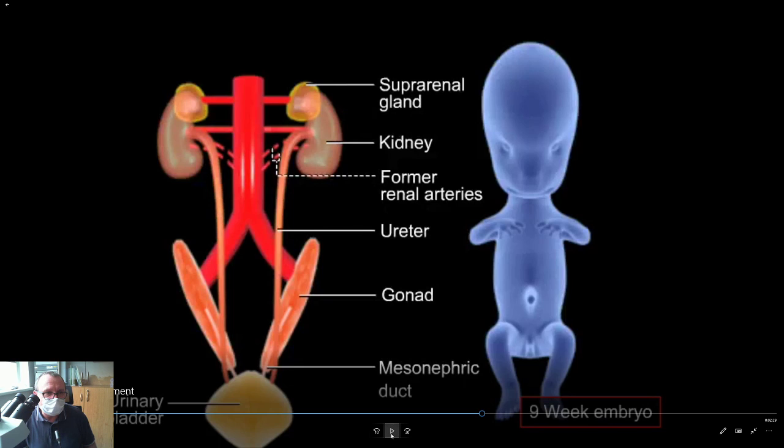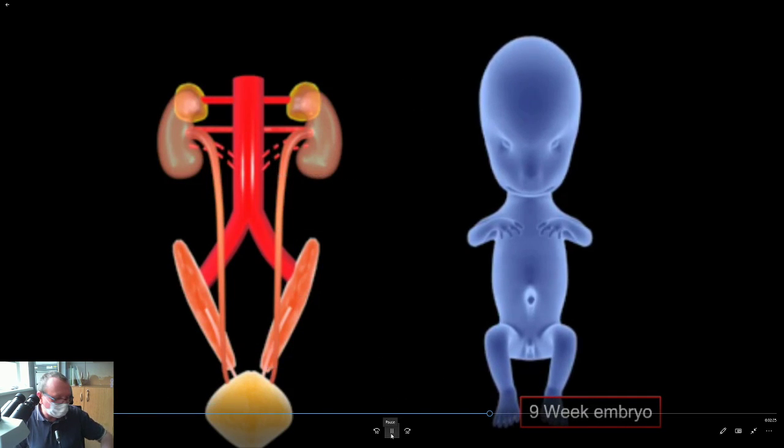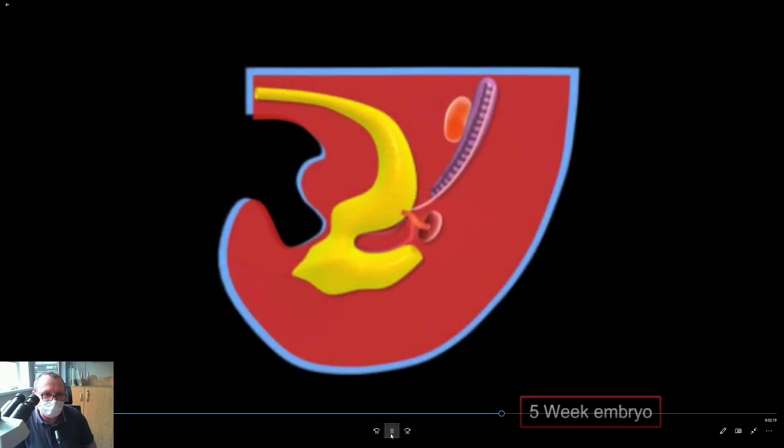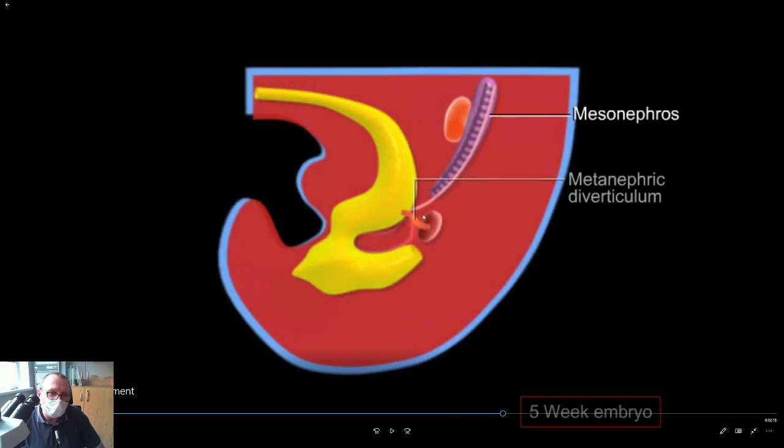And now the last part of this video, I promise the last 10 minutes probably of this program, is the development of the cloaca. As I already said, the cloaca is the terminal end of the hindgut, which is connected to the allantois. The allantois is a blind sac going to the connecting stalk.